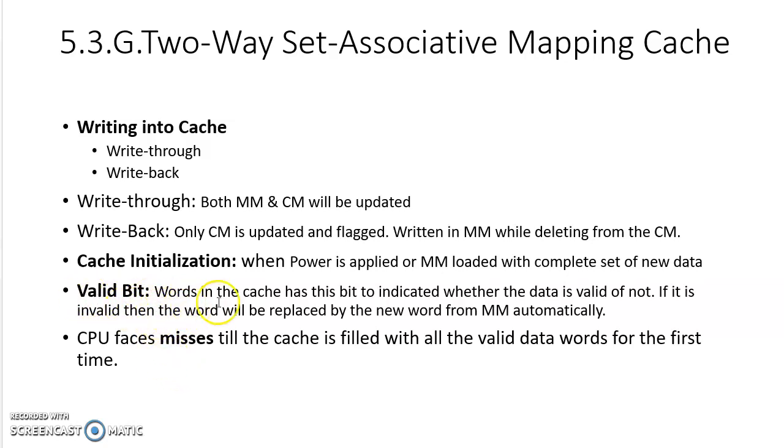That valid bit indicates whether the data in the cache is valid or not. Now for the first time, all the bits will be 0 and the data will be invalid. The CPU will face many misses, and this will reduce the speed of processing. But after replacing, slowly each and every invalid data will be replaced with valid data from the main memory, and finally the hit ratio will start improving and the average memory access time will be reduced.